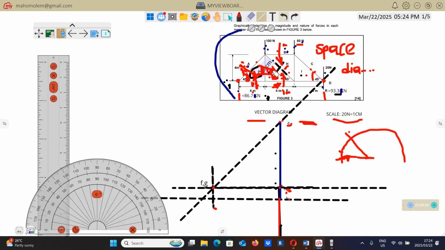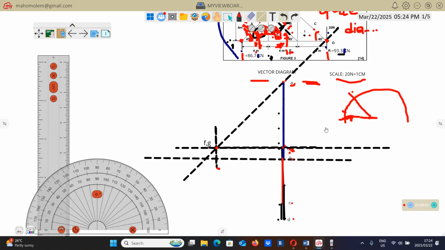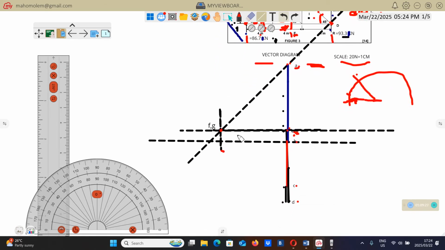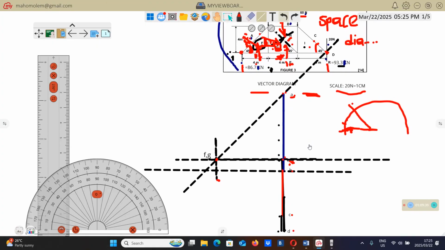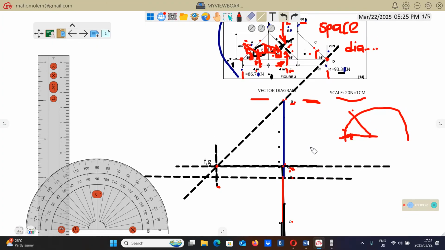From G. Between G and H there is a line at an angle of 45. So from G, which is this, we're going to draw a line at an angle of 45.